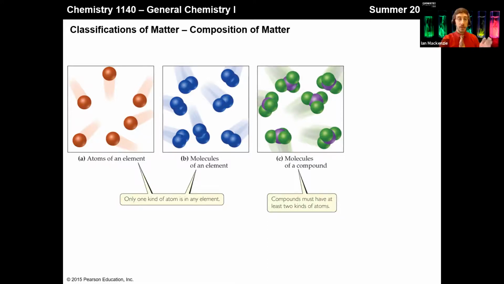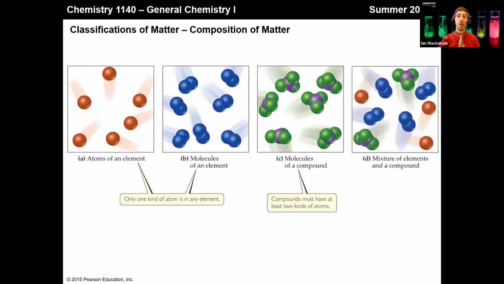And so we're classifying it based off of how many atoms, and primarily the types of atoms that are present, whether it's just atoms, whether it's molecules that are composed of the same type of atom, whether it's molecules composed of different types of atoms, or we have mixtures where you now have maybe elements or compounds and maybe molecules of just a single element.